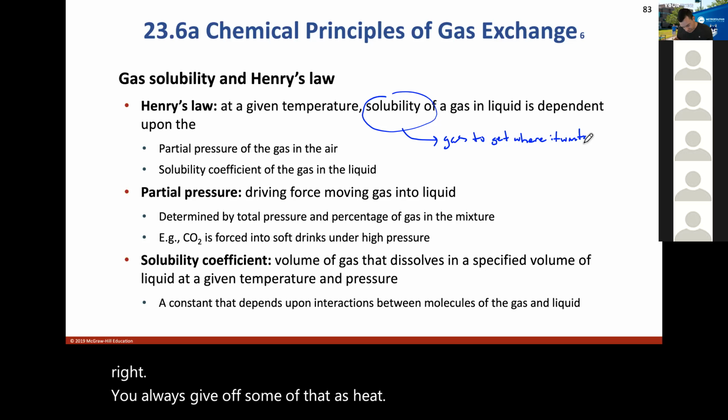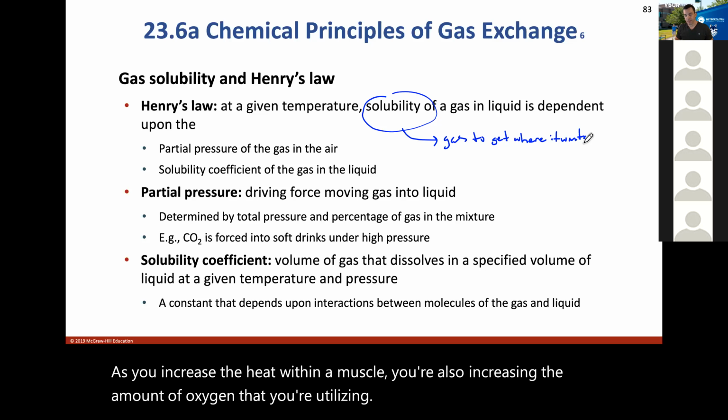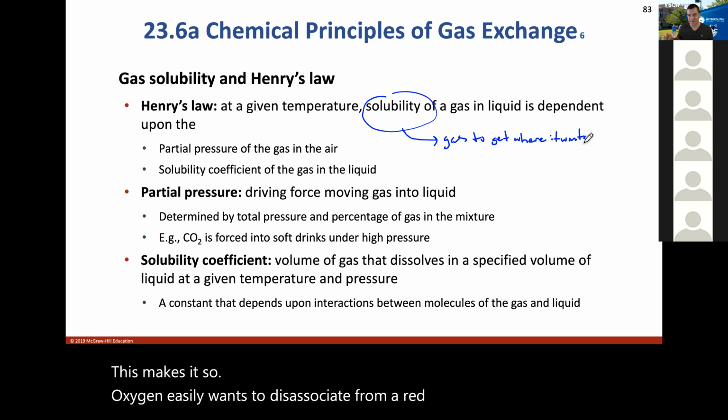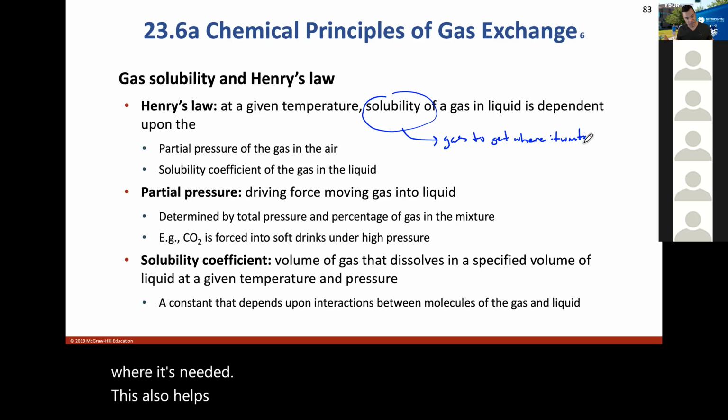As you increase the heat within a muscle, you're also increasing the amount of oxygen that you're utilizing. This makes it so oxygen easily wants to disassociate from a red blood cell and get into where it's needed. This also helps to change the solubility of carbon dioxide.